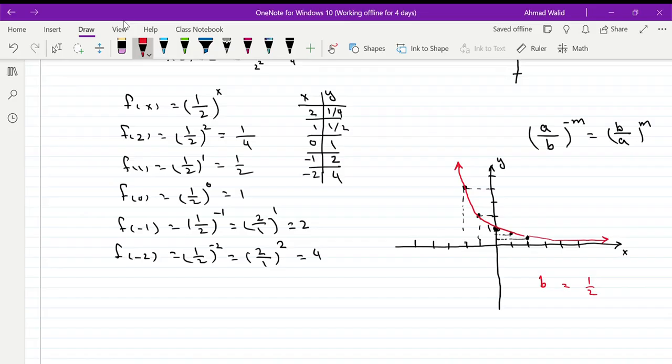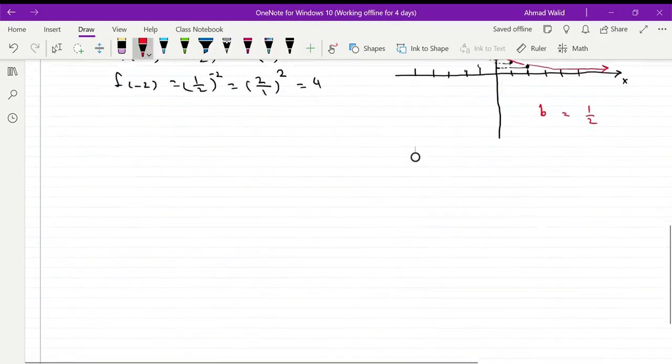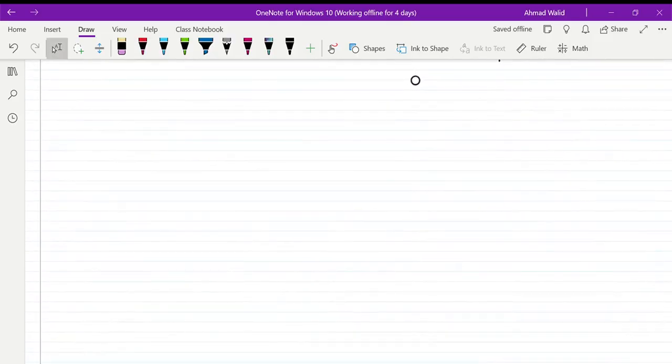Now, after doing these two examples, now I will talk a little bit, because you saw it on the graphs, about the characteristics of the exponential functions. Correct? First, number 1. What are the characteristics of the exponential functions? Number 1, domain of the exponential functions.